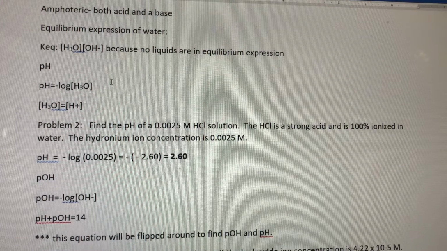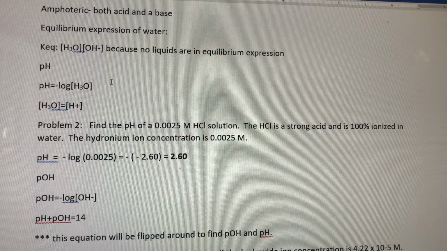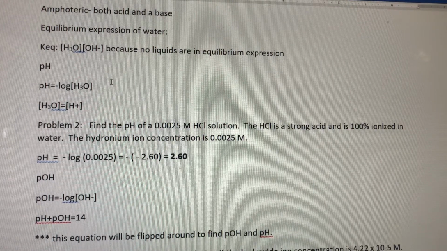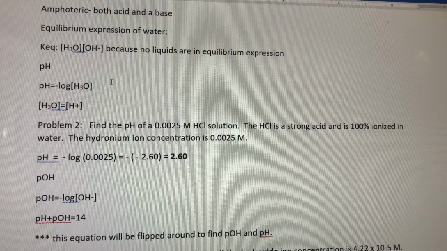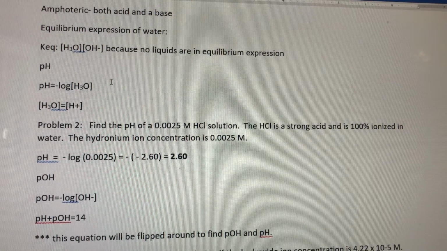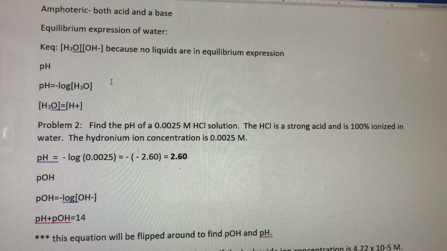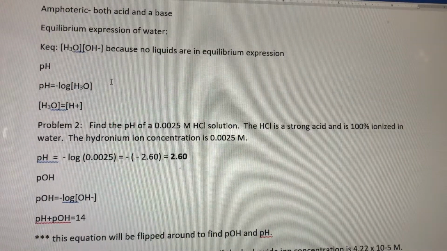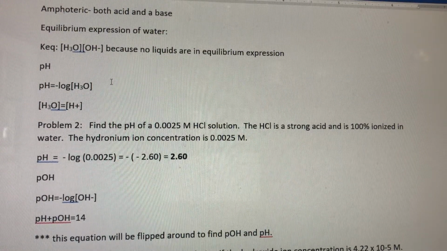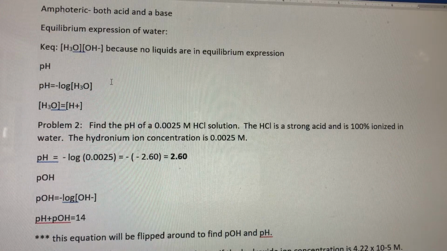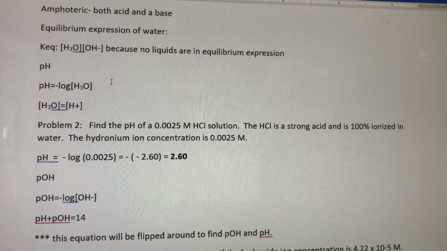Like I said, this lesson is the base of everything. So it's going to be the hydronium ion, and the hydroxide ion. And I'm sorry I keep stuttering.